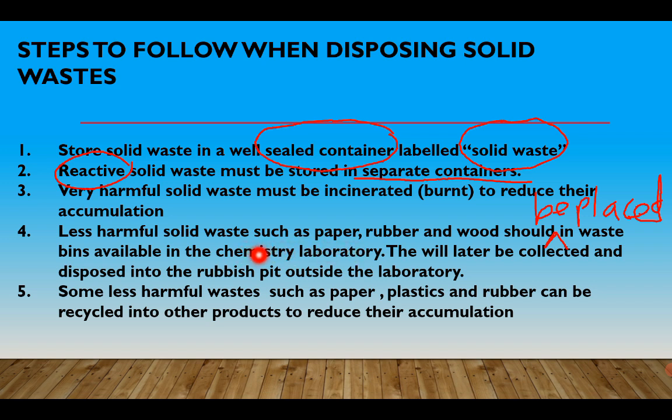If you look around, you find that there is a bin where you have to deposit your harmless wastes. Later on you transfer the bin to a place where they can be dumped. We call it a rubbish pit. Usually this pit is outside your laboratory.